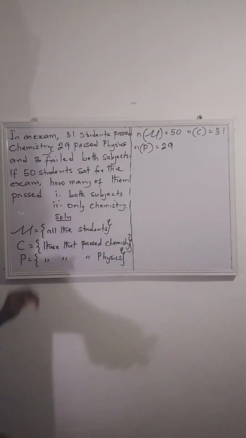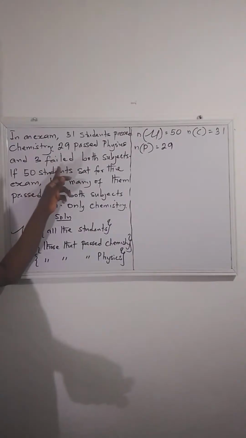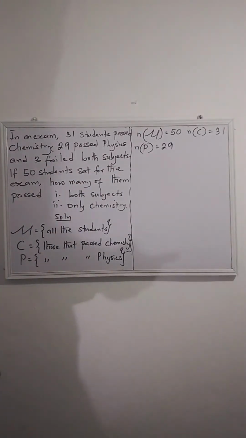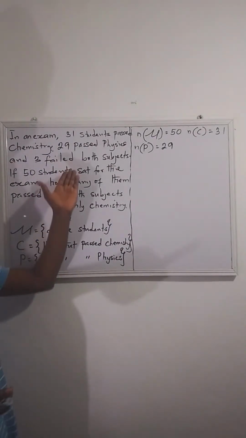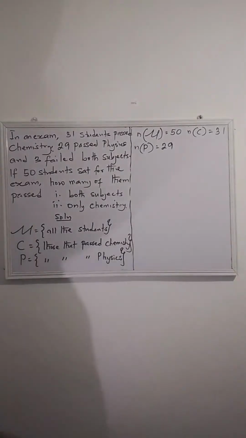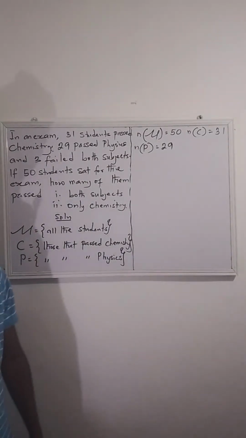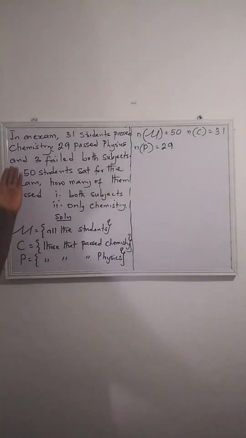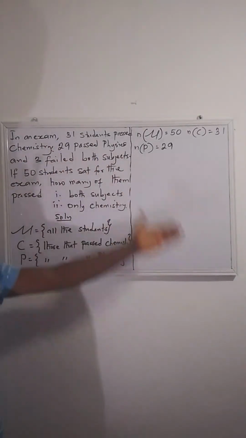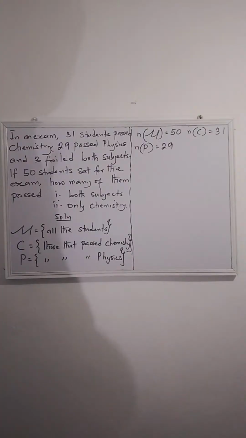Now look at the information given here. And 3 failed both subjects. So how do we write that in our set notation? Number of those that failed both subjects. How do we write that?